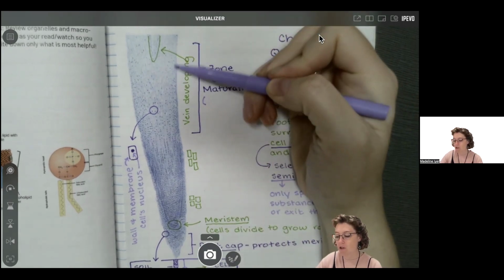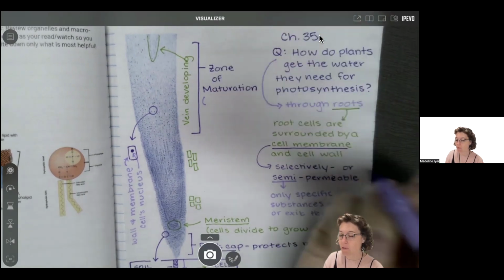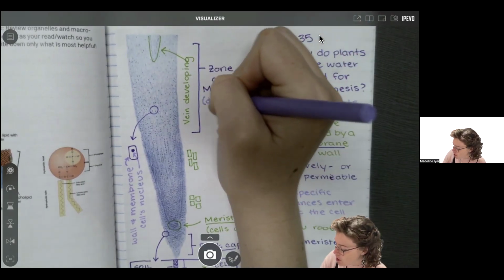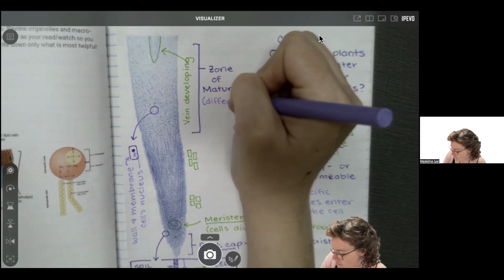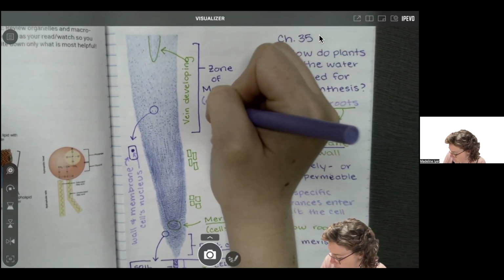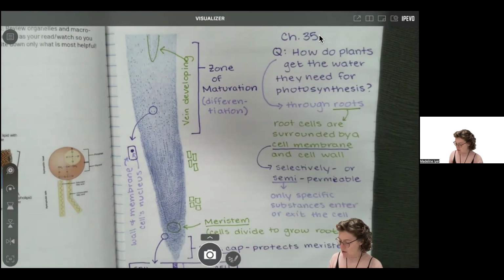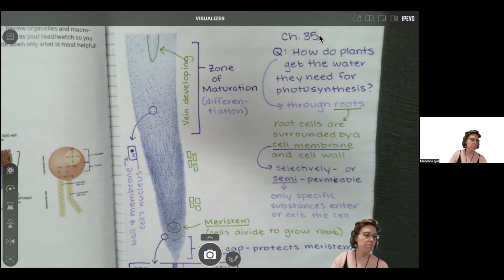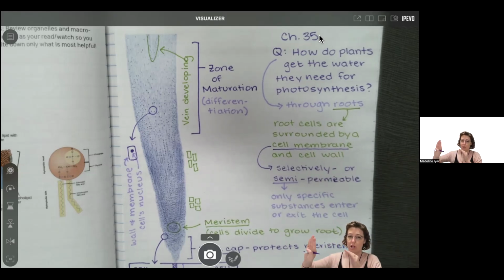For example, the cells along the outside will start to become a protective layer. The cells in the center will start to become a vein. That's called differentiation. Now down here, these cells are just sort of stretching.